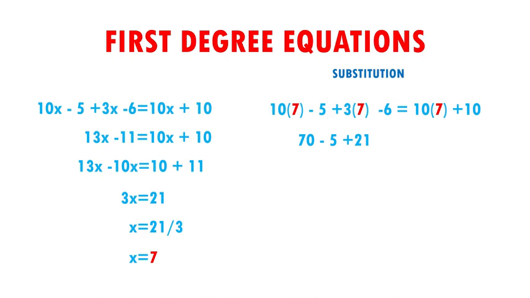The minus 6 goes down, and this equals 10 times 7, 70, and plus 10 goes down. Adding 70 minus 5 plus 21 minus 6 gives me 80, and 70 plus 10 equals 80. Since both sides of the equation are equal, I can say that my result is correct.